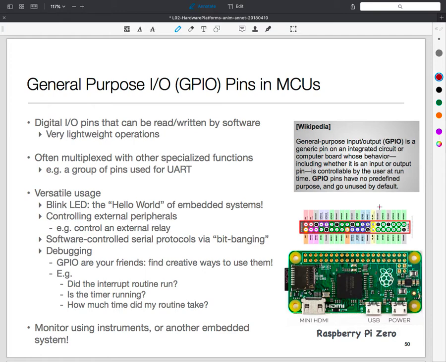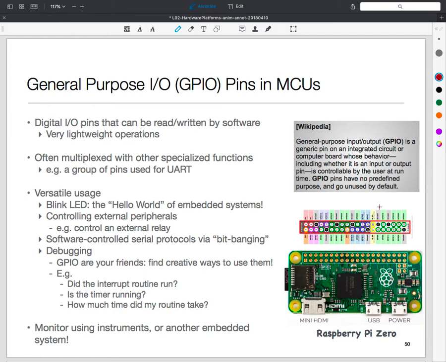Very lightweight operations, because these pins will be mapped to some register in the MCU, and then you read it and you get some particular bit corresponding to a particular pin. Oftentimes, these pins are multiplexed with other functionality. They may say you can either use it as a GPIO or you can use it as something else. So very powerful and a big friend of yours.